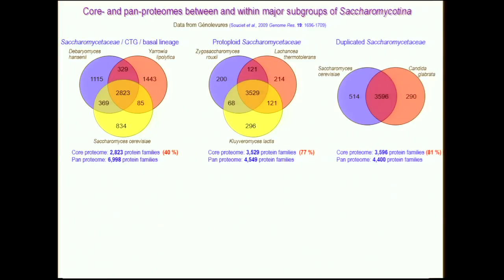If you do it within a group, you see a significantly increased fraction of core proteins, roughly double, 77% here. This is by comparing three pre-duplication Saccharomyces species or post-duplication Saccharomyces species. You see about the same figure, about 80%, but still 20% of genes are present or absent in one species or another, which goes with the same idea. There are orphans here and there.